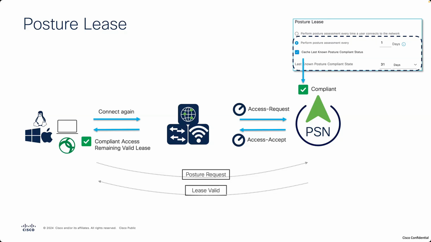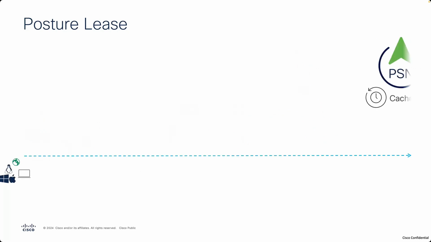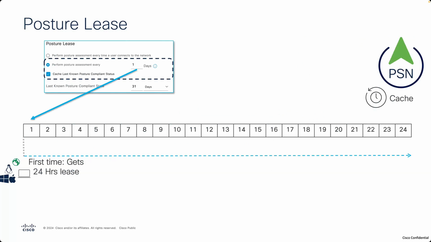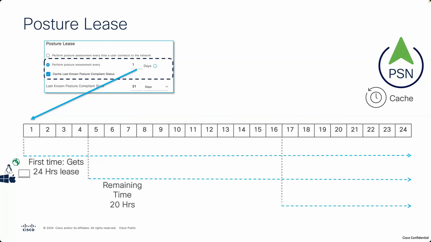If I lay this out in a time graph, let's say the endpoint connects to the network for the first time and gets a 24 hour lease time, 1 day. It doesn't matter whether it connects back with a new session or an old session after 4 hours or after 16 hours, it's going to get the remaining lease time.